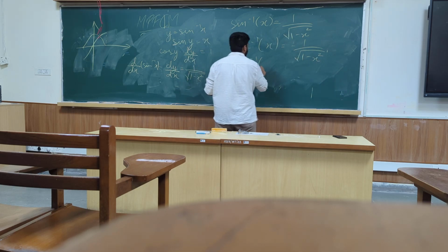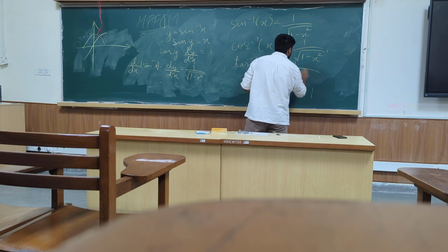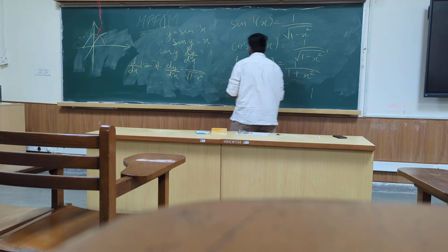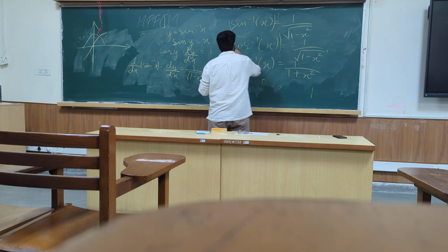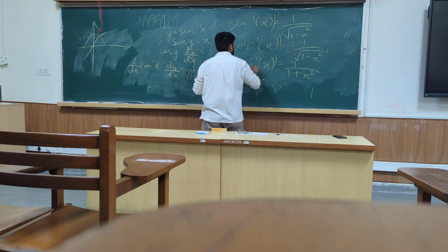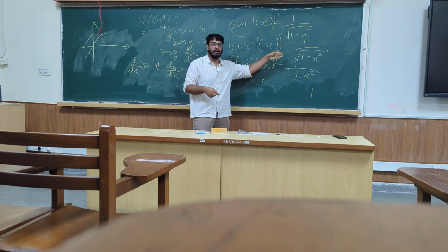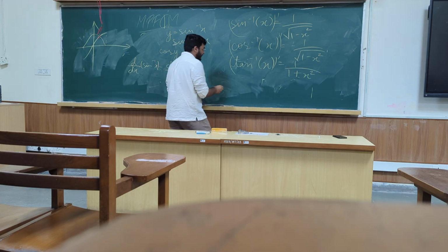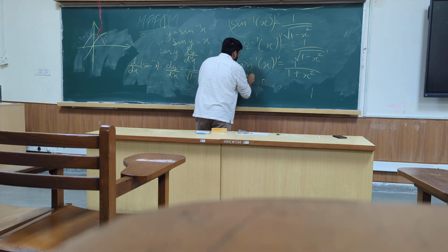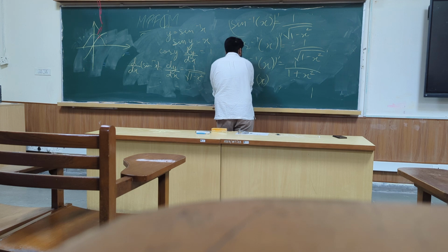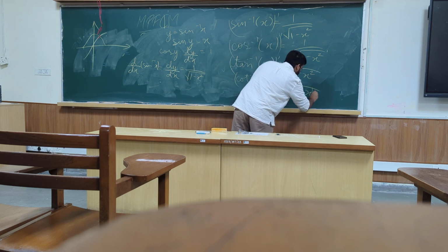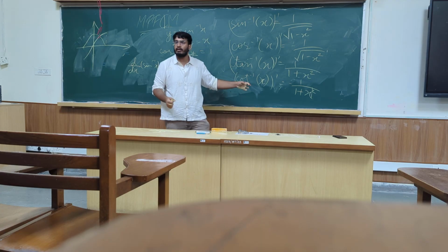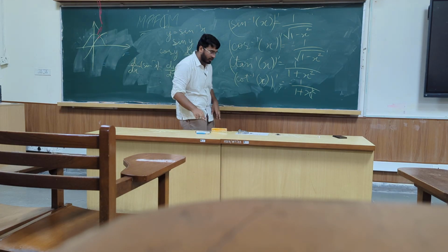Tangent inverse x happens to be 1 over 1 plus x squared. Well, actually, these are derivatives, I'm sorry. These are not values. This bracket and prime just indicates the derivative of the said function. And then if I'm not wrong, the derivative of cotangent inverse x happens to be the negative of this. Is this correct? Are you all sure?